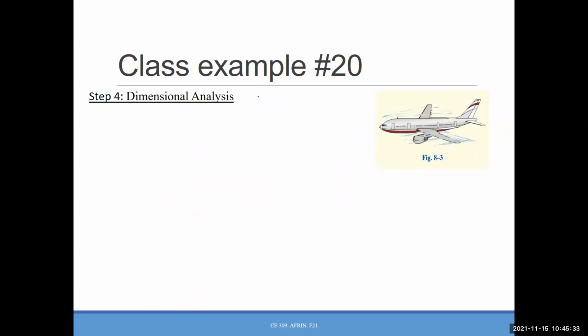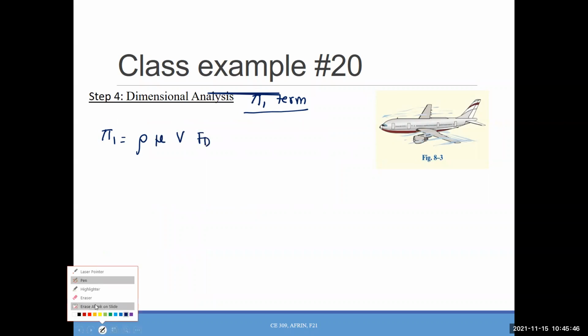Let's work with pi 1 terms first. So pi 1 was rho, mu, v, FD, a, b, c, 1.